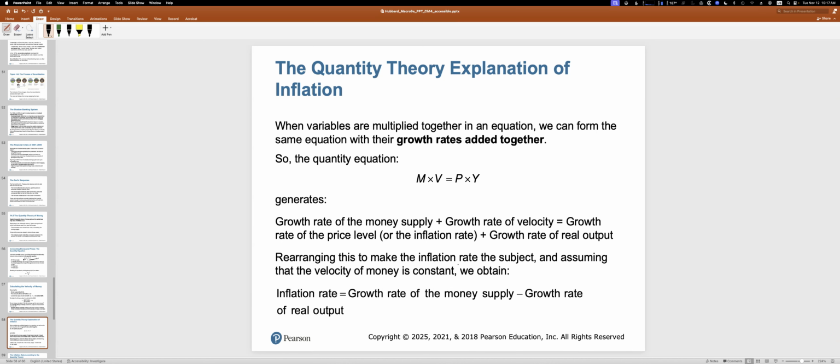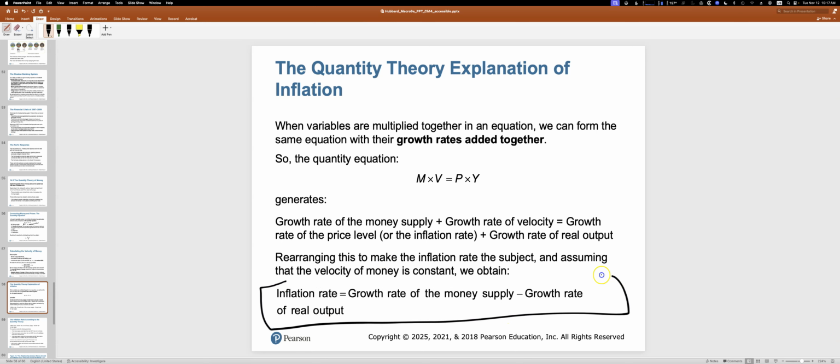And what we could see in that is that the growth rate of the money supply plus the growth rate in velocity equals the inflation rate, or the growth rate of the price level, plus the growth rate in real output. Or, that the inflation rate is equal to the growth rate of the money supply minus the growth rate in real output.